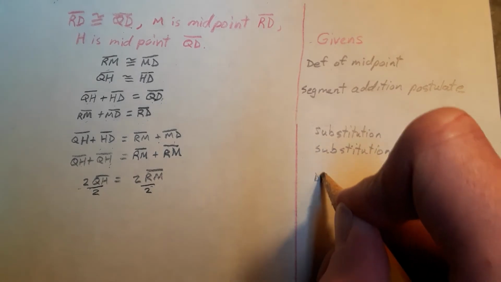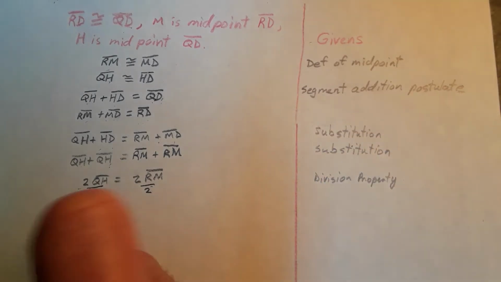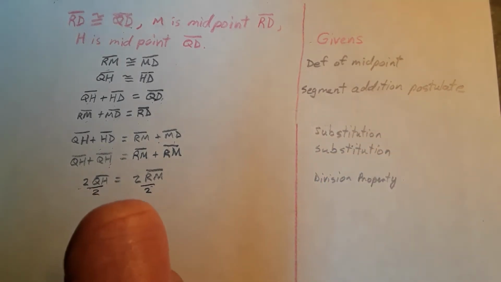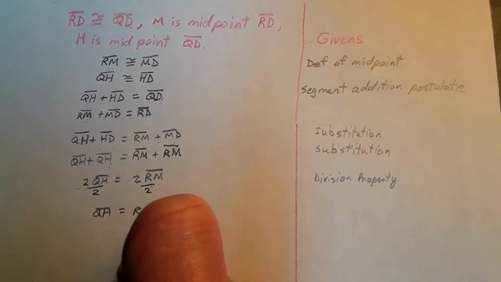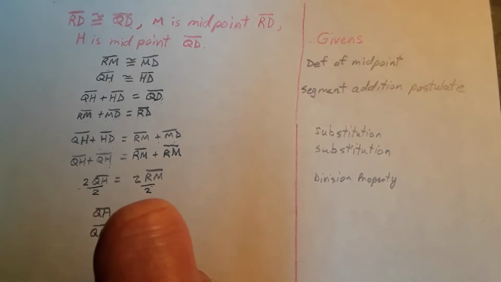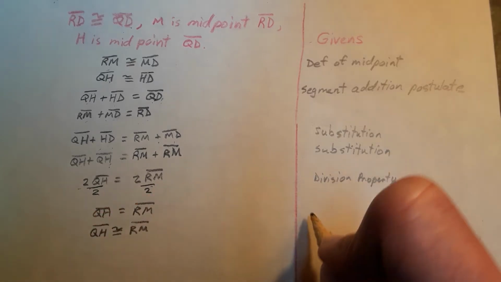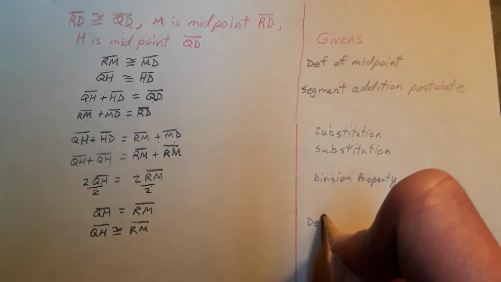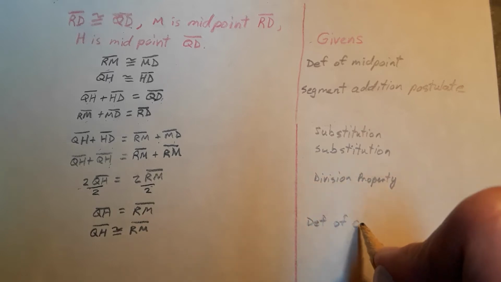So division property, that's going to give us that QH is equal to RM. And we can take that one step further and say that QH is congruent to RM by the definition of congruence.